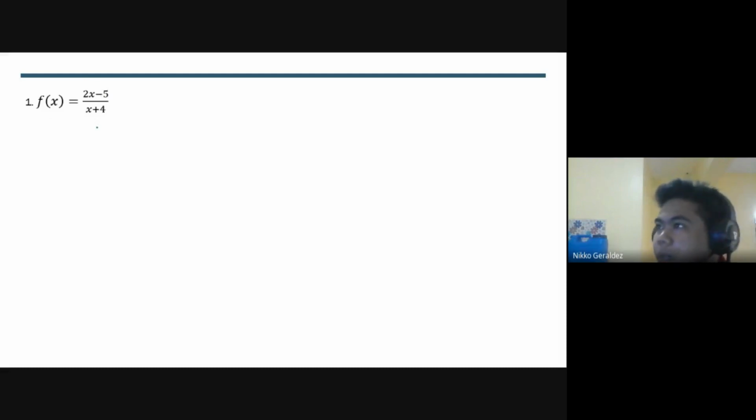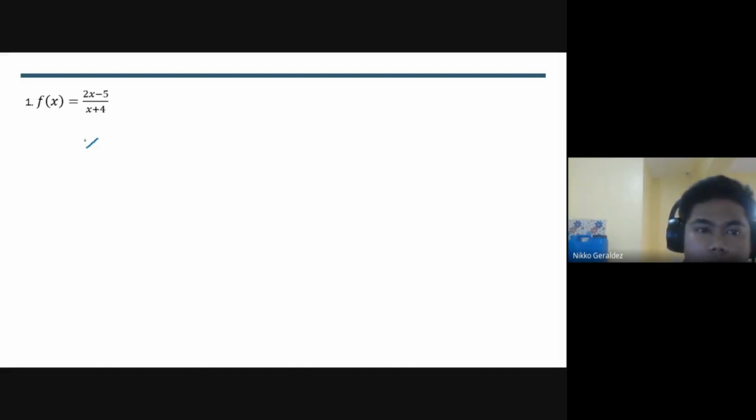So first step natin in finding the domain of a rational function is to create an equation and set the denominator equal to 0. Ano yung denominator natin? x plus 4.